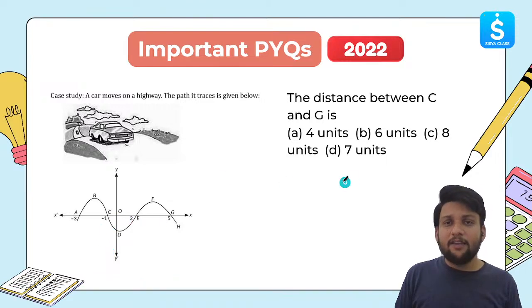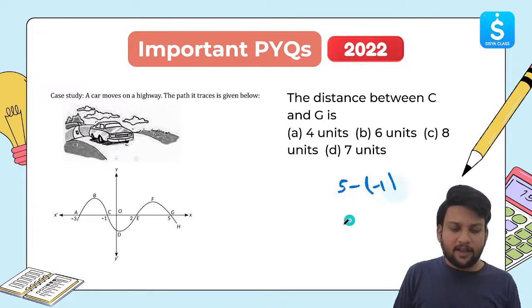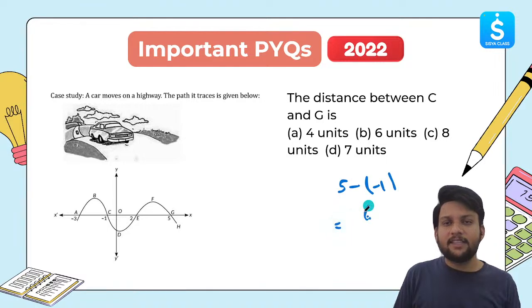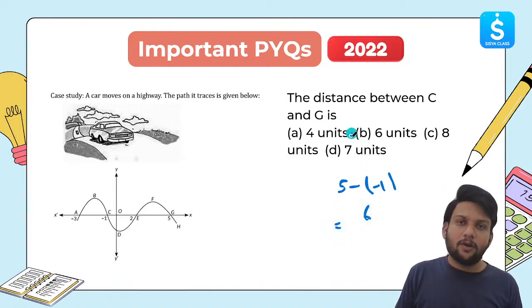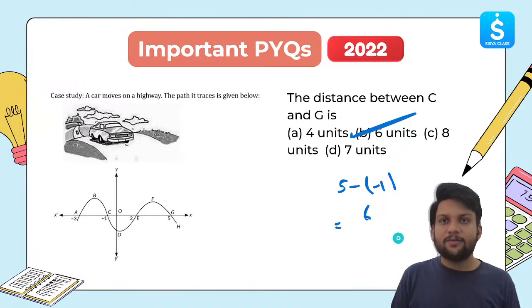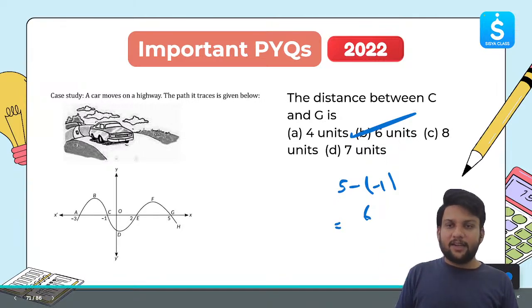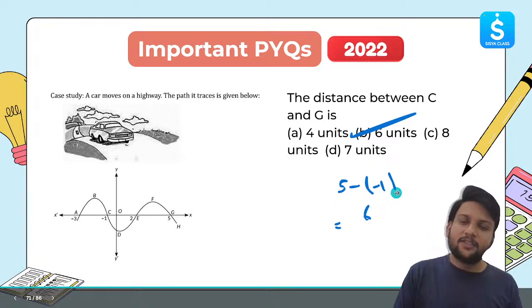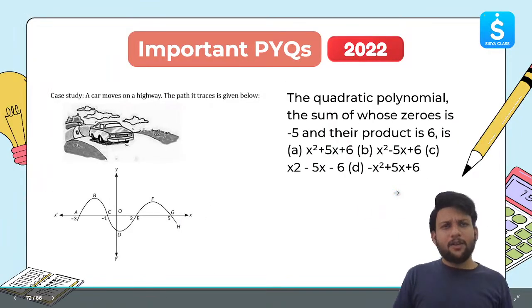So what is 5 minus -1? I will get 5 plus 1, which is nothing but 6 units, which is the correct option, option number B. Clear? Yes or no? Great, great, great. Let's do one more question. I hope up till now you have been clear.